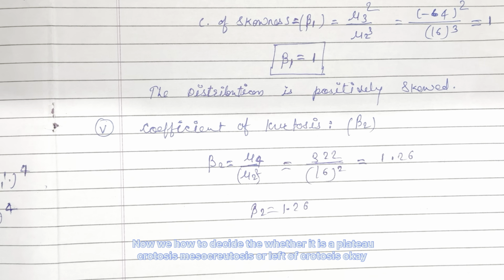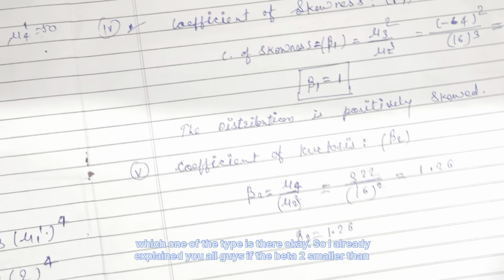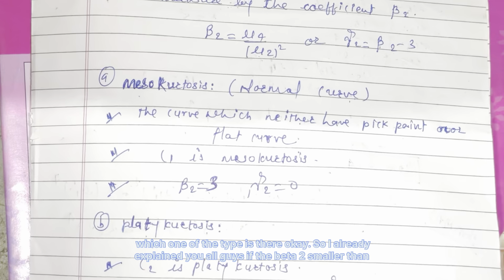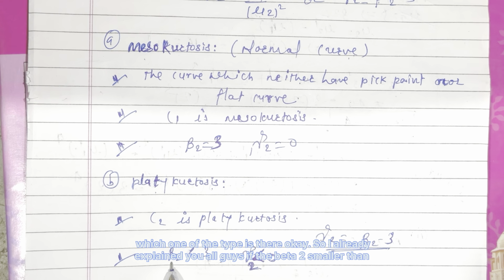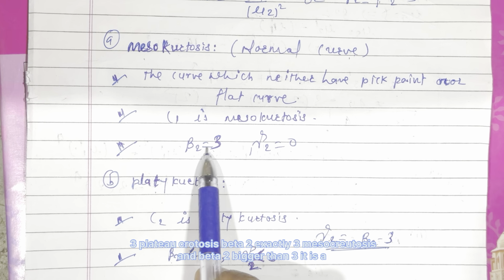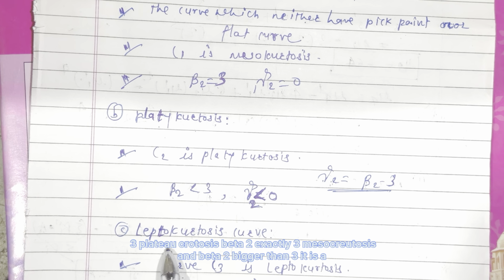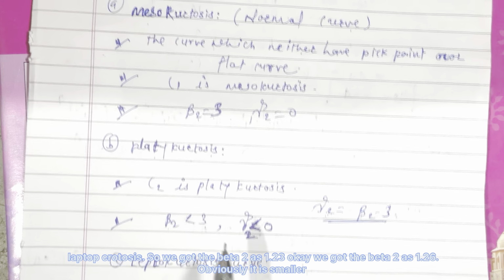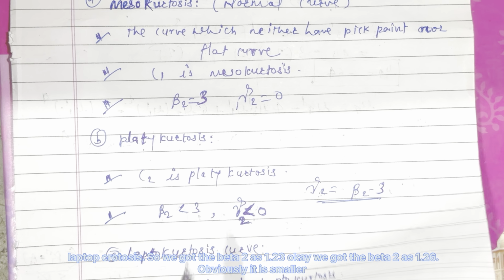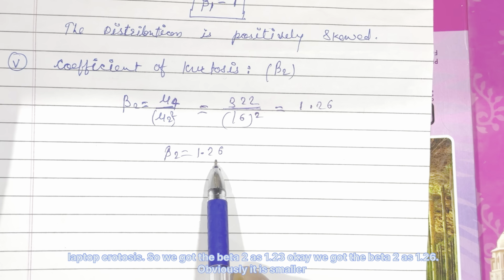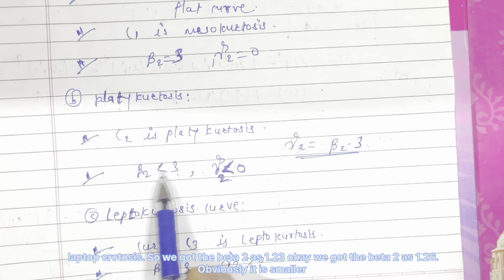Now we have to decide whether it is plateaukurtosis, mesokurtosis, or leptokurtosis. I already explained: if beta 2 is smaller than 3, plateaukurtosis; beta 2 exactly 3, mesokurtosis; and beta 2 bigger than 3, leptokurtosis. We got beta 2 as 1.26, which is obviously smaller than 3.